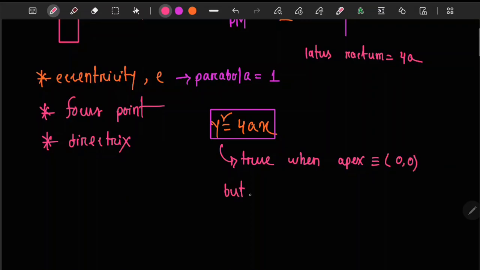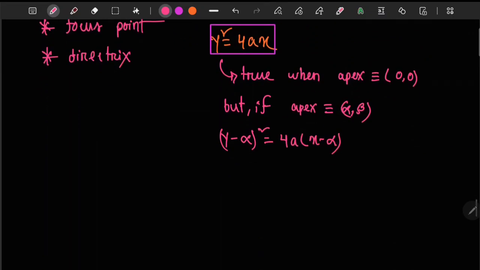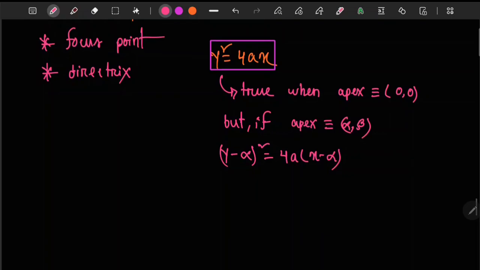But if apex is equal to alpha, beta, the equation stands like this: y minus beta whole square is equal to 4a into x minus alpha. You have noticed one thing, that here is a square and there the power is 1. So what is the significance of this?